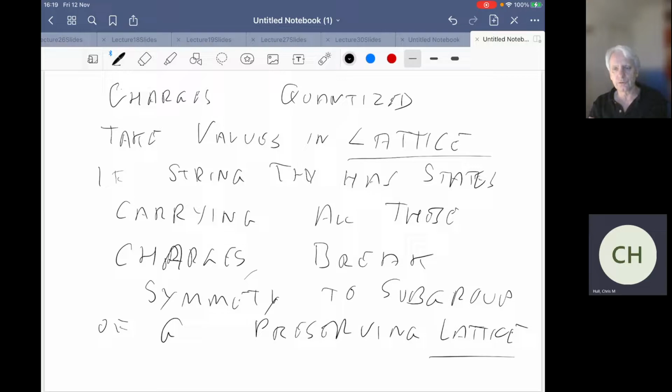So those charges were integer valued, and as a result, the group O(N,N) acting on those charges was broken down to the subgroup which preserves that lattice.